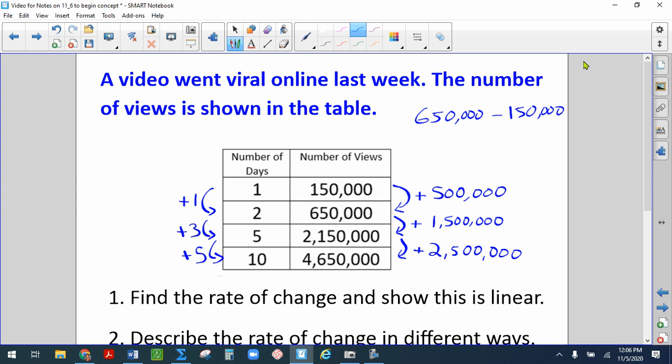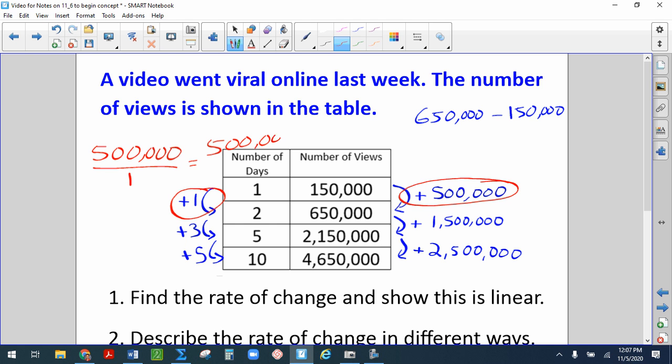I'm trying to get the rate. So find the rate, show that it's linear. To show that a rate is linear, I have to take the difference and divide it. So 500,000 divided by 1 is 500,000. This is all review of previous 2 days. 1,500,000 divided by 3 equals 500,000.